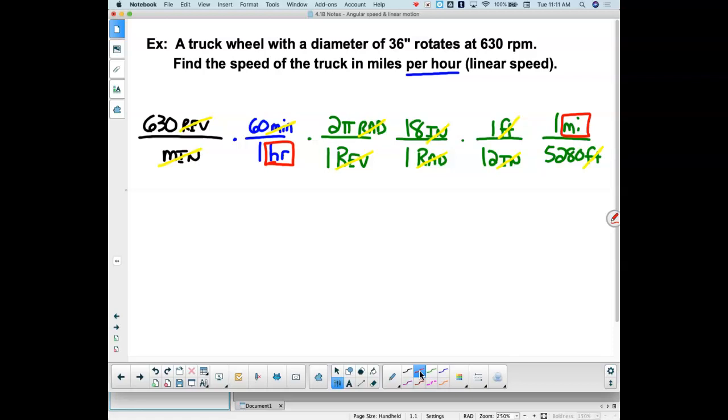So now we can start simplifying before we multiply. 2 goes into 12 6 times. 6 goes into 630 105 times. 60 goes into 5,280 88 times.